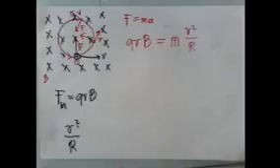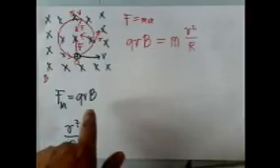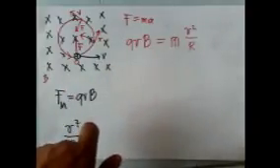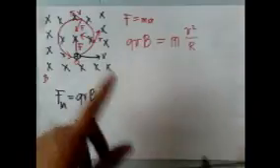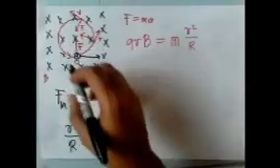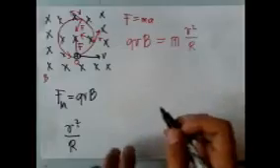So this is the relationship between the magnetic force and the motion of the particle moving under the influence of the magnetic field. We can actually get the radius of the circular path of the motion of the particle.